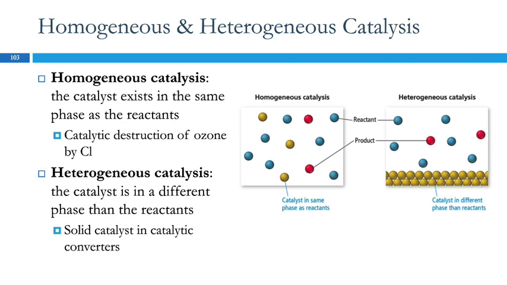The catalyst is in the gas state, and the reactants are in the gas state. Heterogeneous catalysis, the catalyst is in a different physical state than the reactants. So the catalytic converter, you have your pollutant gases coming out as gases, but the catalyst is a solid. So that's a heterogeneous catalysis.